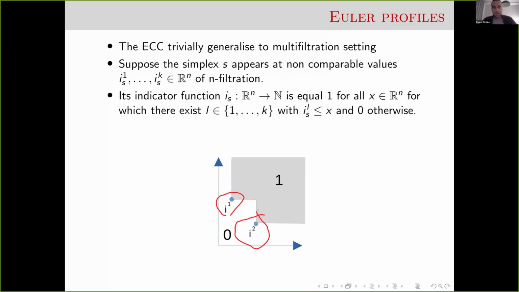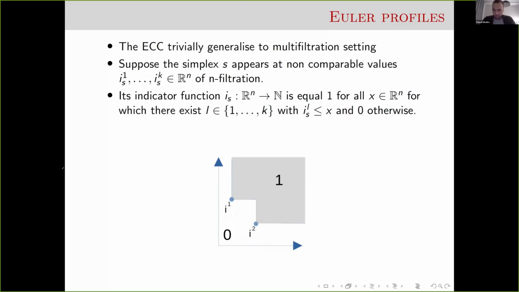Then our Heaviside function is equal to 1 for any point which is greater or equal lexicographically to either of those numbers, and it is 0 otherwise. Then the procedure is exactly the same. We take this step function, multiply by -1 to the dimension of the simplex, and sum up over all the simplices. This way, we get something which we call the Euler characteristic profile.